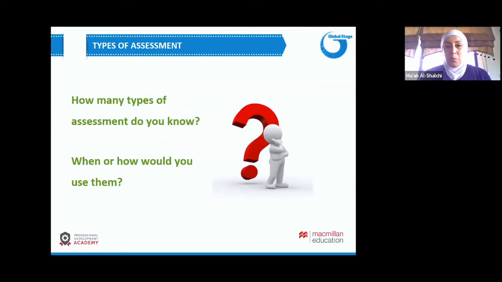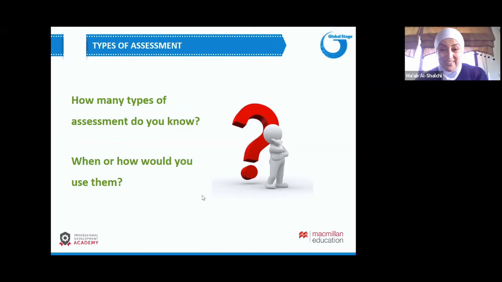Today, we're going to cover assessment. And so my question is, how many types of assessment do you know as teachers? And when or how would you use them? So what do you think? You can type in the chat box. Yes, thank you very much.